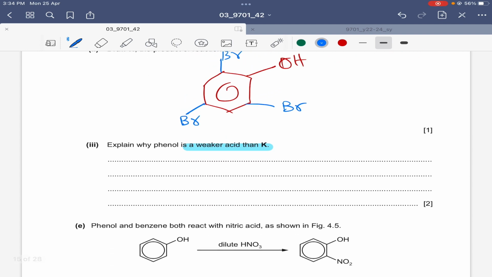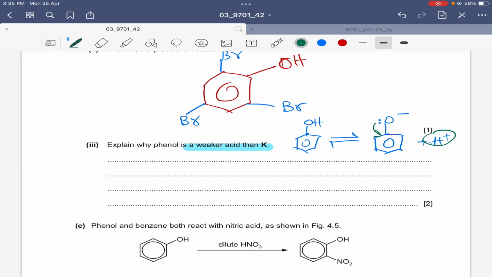In the case of phenol, when it loses a proton, it becomes O negative. Now phenol is a stronger acid as compared to alcohol, and the reason is that this lone pair or negative charge of oxygen gets delocalized with the ring. It is now less available for protonation.